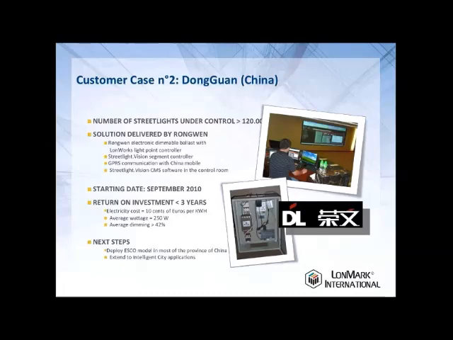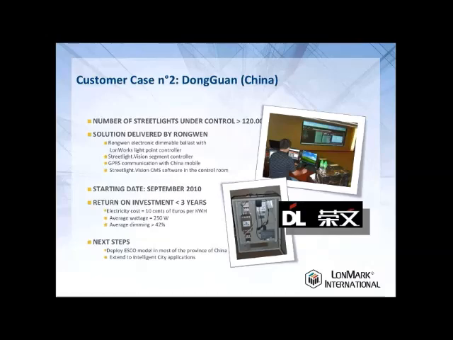Rongwen is a manufacturer of outdoor lighting control systems. They provide LED luminaires as well as LonMark compliant light point controllers. The segment controller was provided by Echelon Streetlight Vision, together with the Streetlight Vision central management software that is installed in the control room.